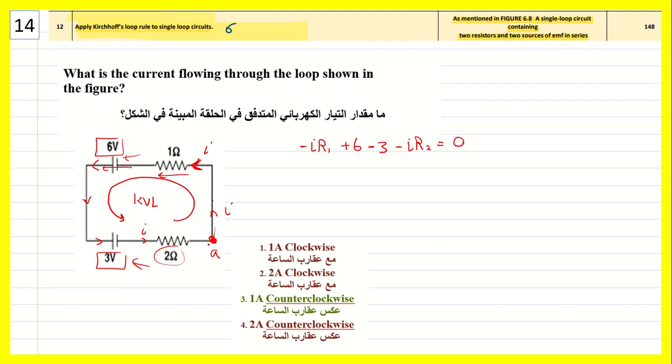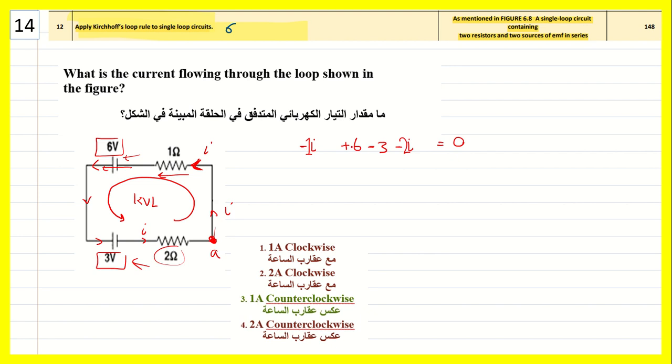I return to the same point. Now R1 and R2 are 1 and 2 ohms respectively, so let's put their values. I times 1, so it's minus 1I. And R2 here is 2 ohms, so I'm just going to substitute its value, which is 2.